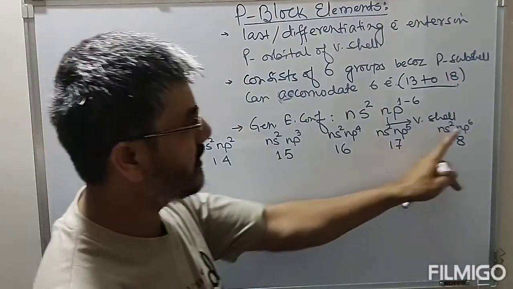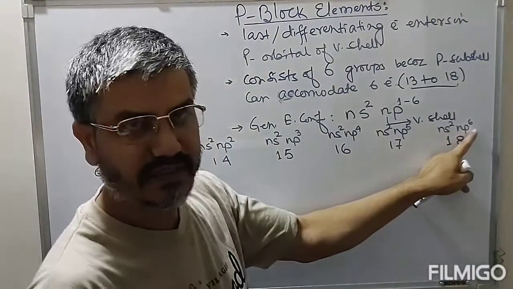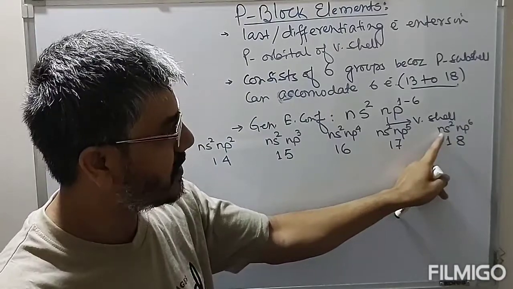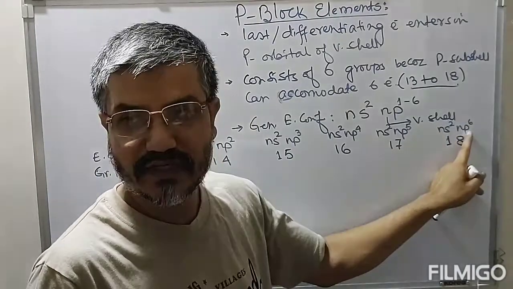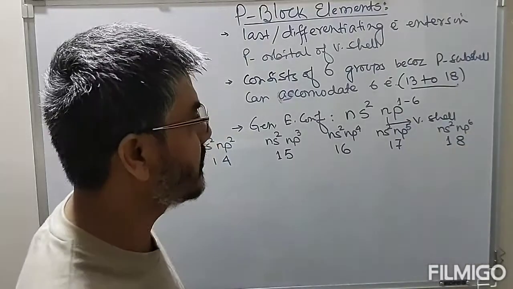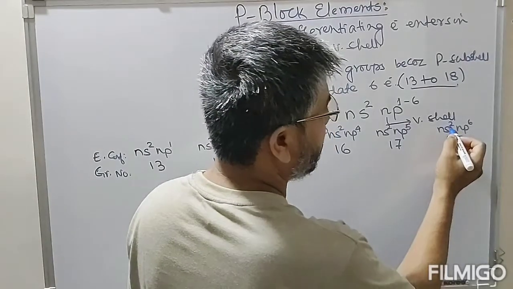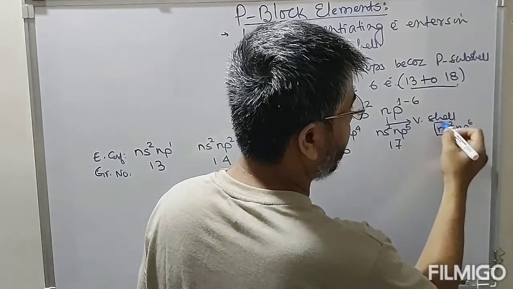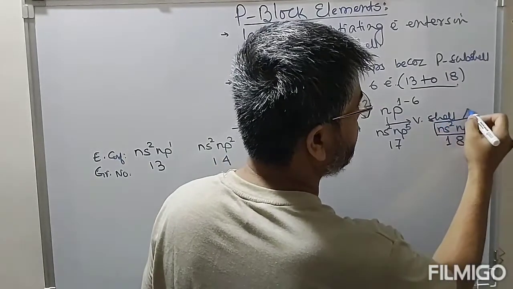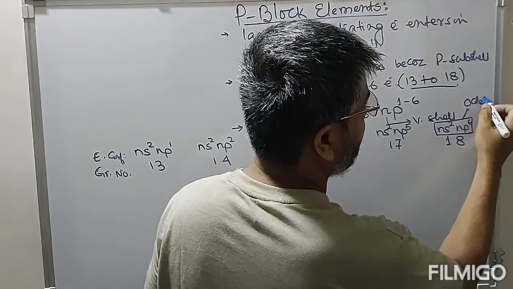So the p orbital is completely filled up here, 6 electrons. S orbital of the valency shell is completely filled up, and p orbital of valency shell is also completely filled. So this configuration having ns2 and np6, in which we have 8 electrons in the valency shell, is known as octet.